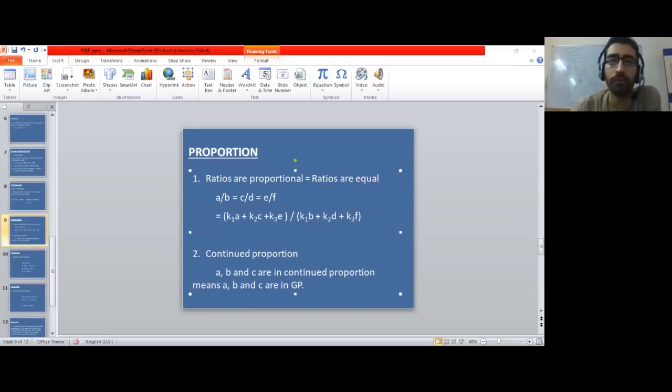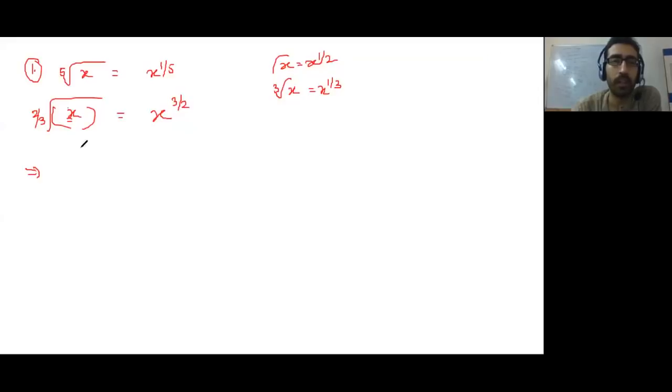And therefore, x here was, I'm not going to write the whole expression, but since the value of the original ratio was 2 by 5, this is simply going to be 2 by 5 whole to the power 4, to the power 3 by 2.